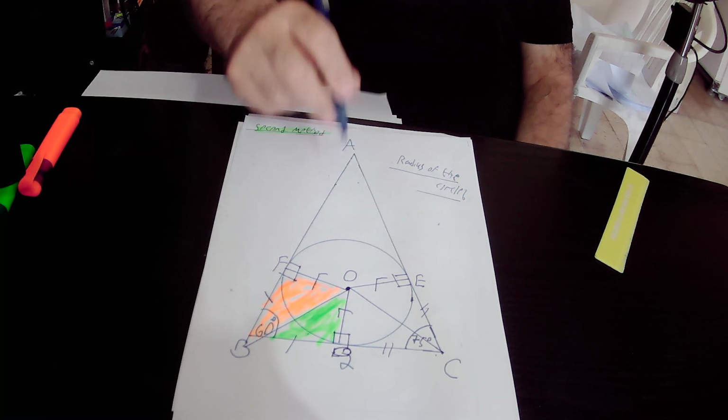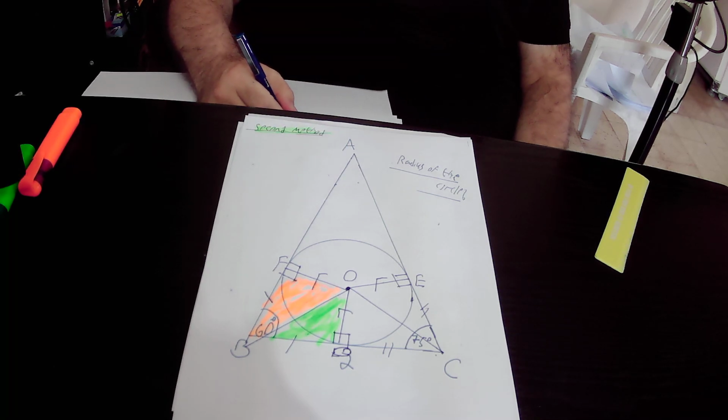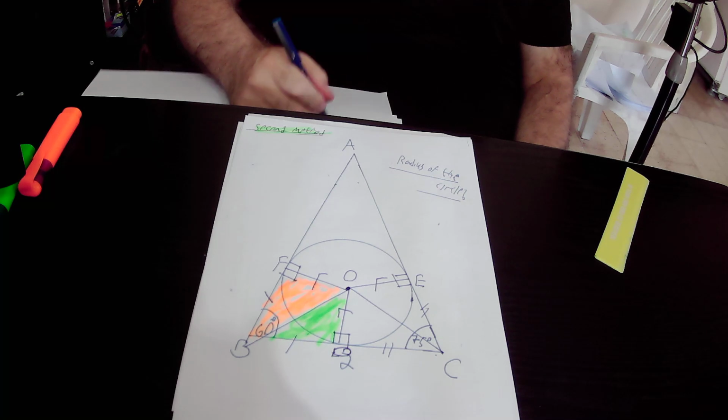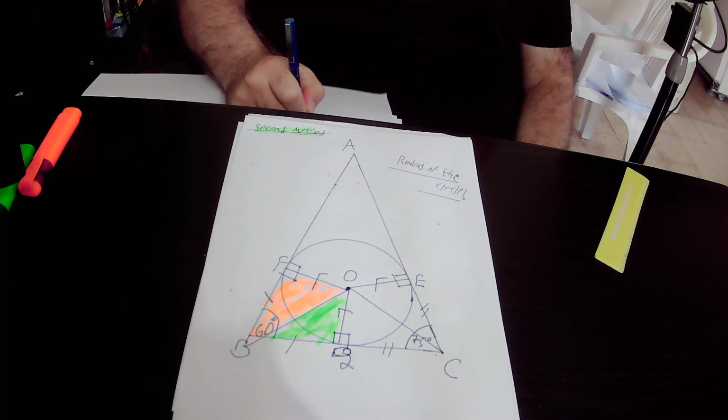They are both the radii of the circle, that is equal to R, therefore they are equal to each other. And finally, OB is the common side that belongs to both triangles, so OB equals itself.